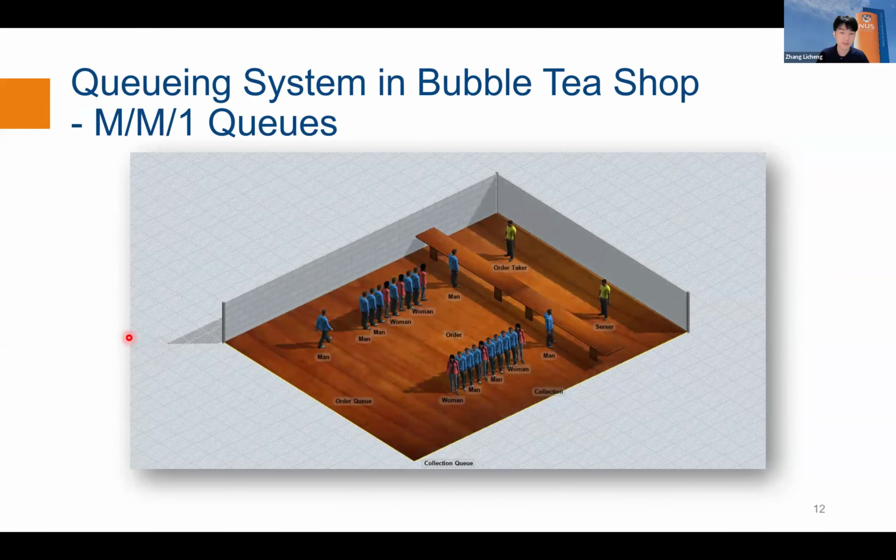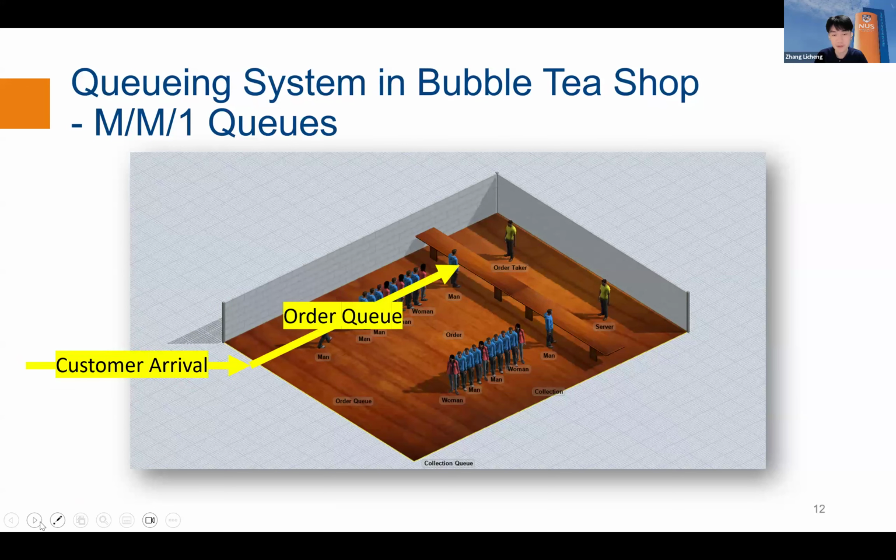All right, so back to our bubble tea shop. This will be the final product of today, our model. As we can see here, first, the customers will arrive. We don't have a gate here, but they'll walk into our shop. Next, they will queue for ordering, and they will be ordering at this order taker counter.